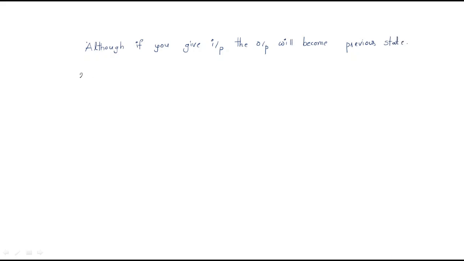That is, it has only one stable state. So that is called the monostable system or the monoshot.